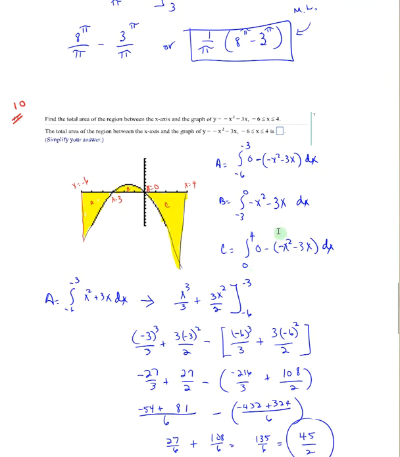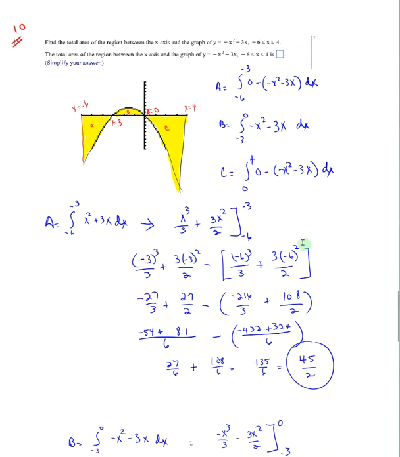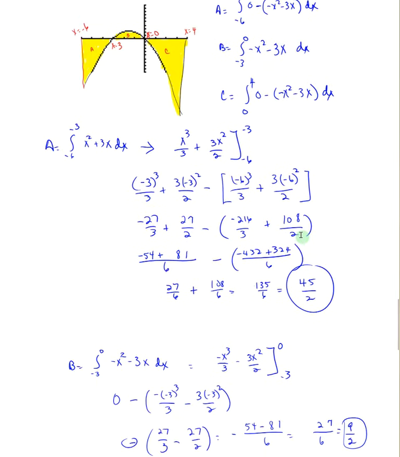So we have 3 different areas to figure out, to plug in, and I did them separately. It's just a lot of fractions. So a equals the integral from -6 to -3 of this. That's the a part. You'll evaluate at -3 and -6, and you come up with 45 halves.